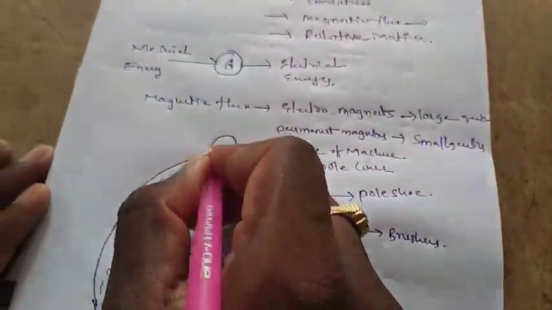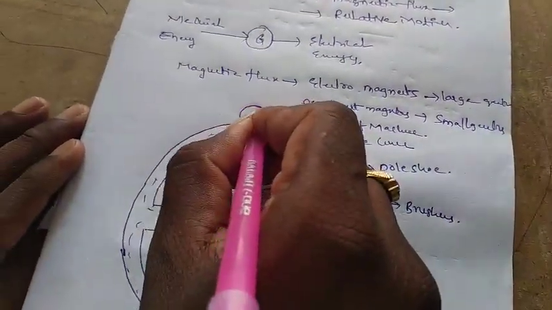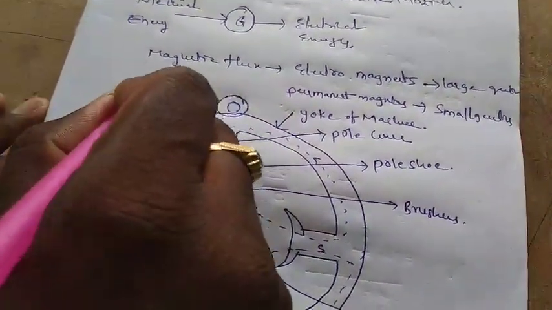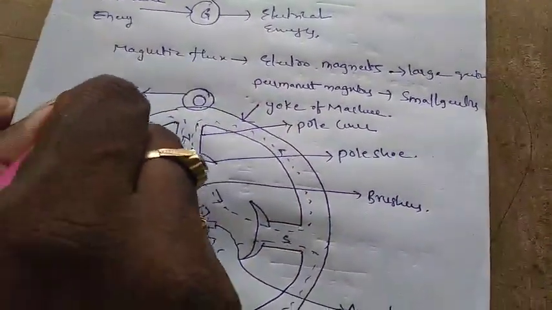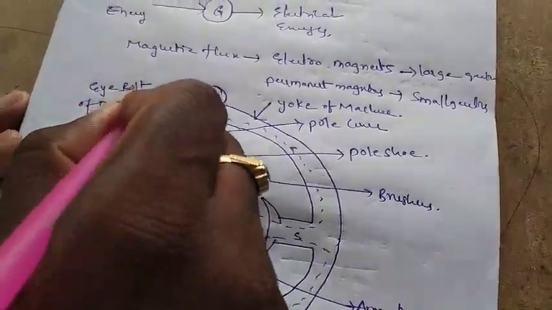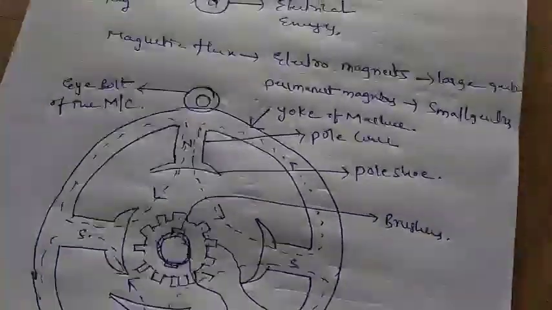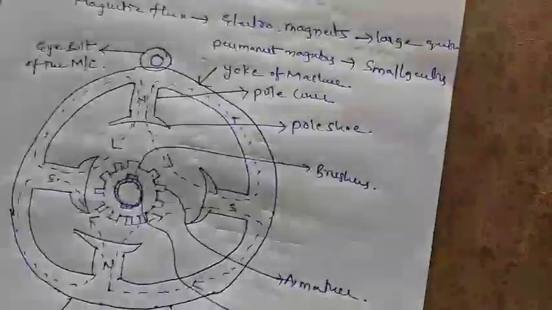So this one is called the eye bolt of the machine. So this is the construction.